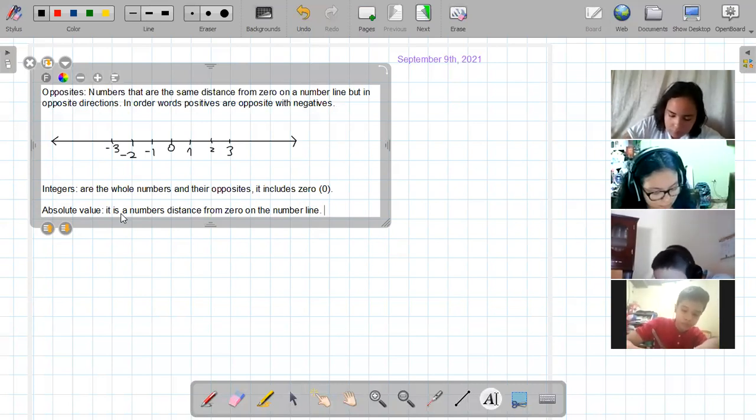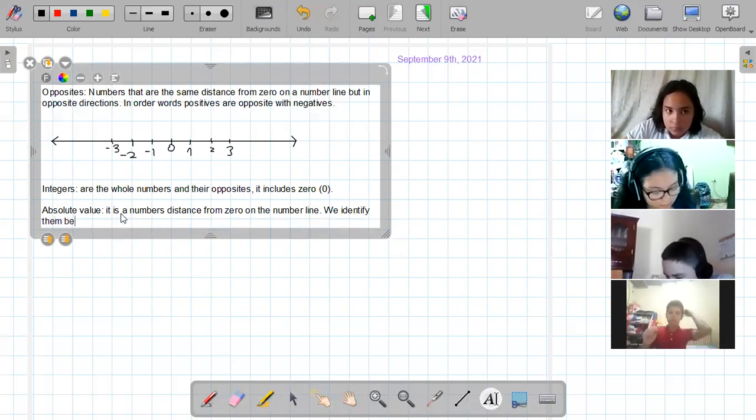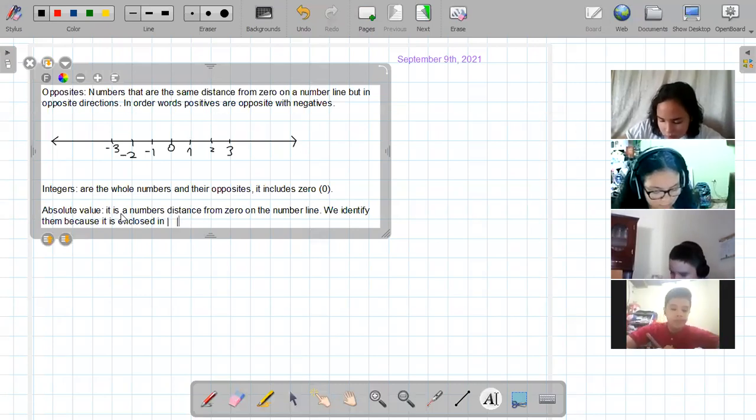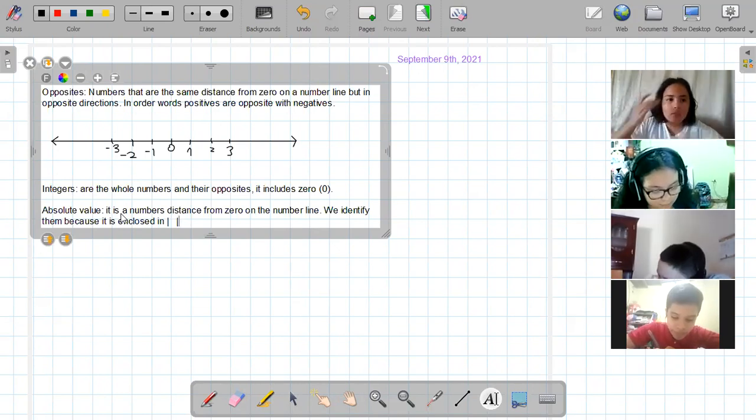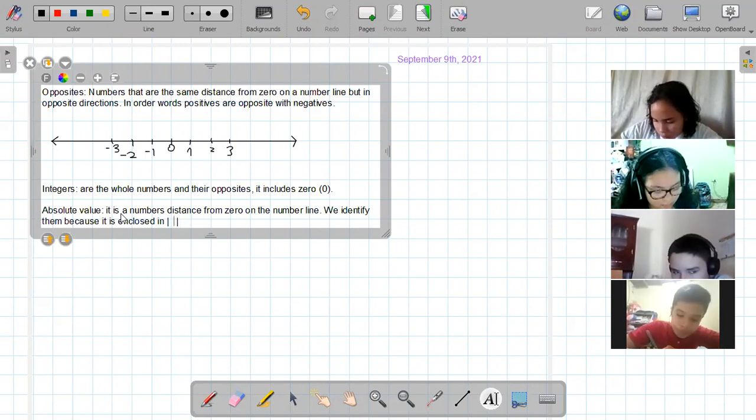We identify it because it is enclosed in two lines. They're not parentheses, they're straight lines that are placed on both sides of our number, okay?